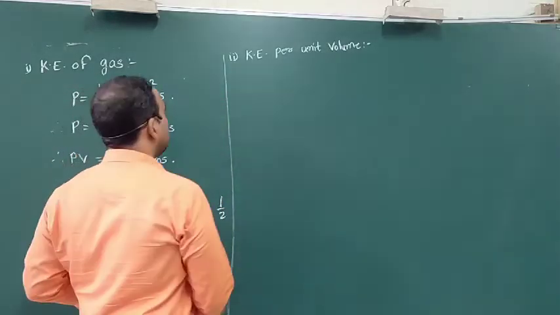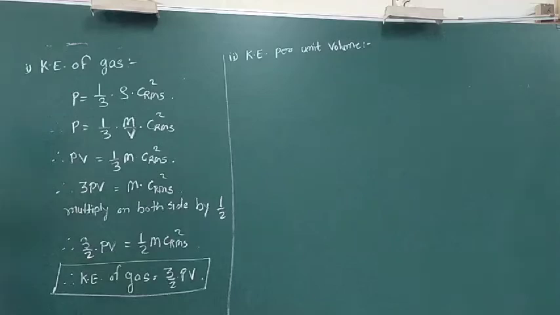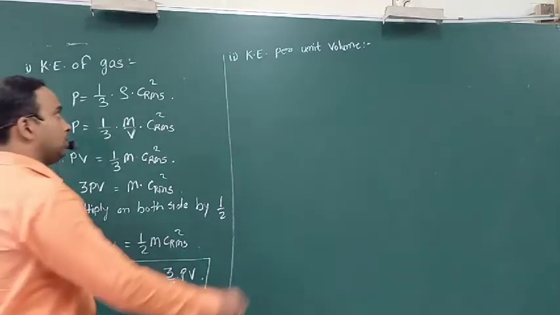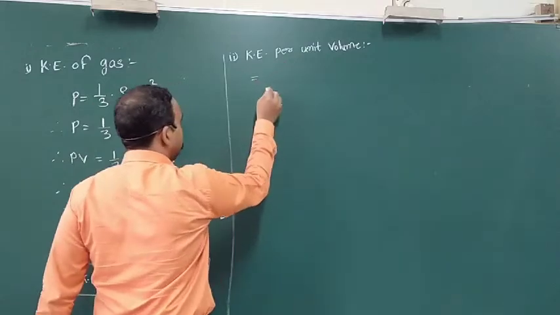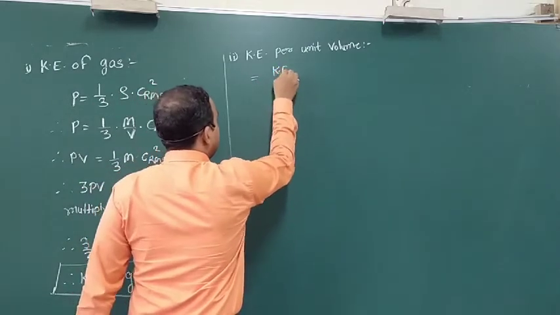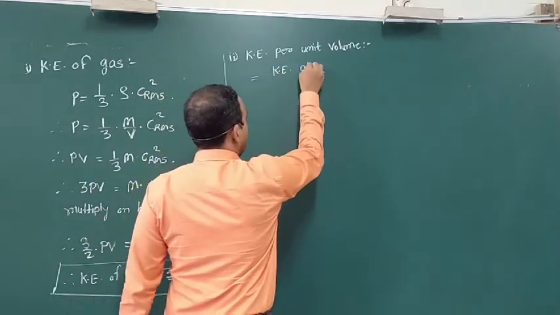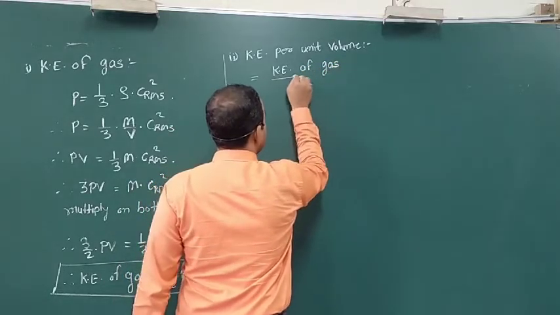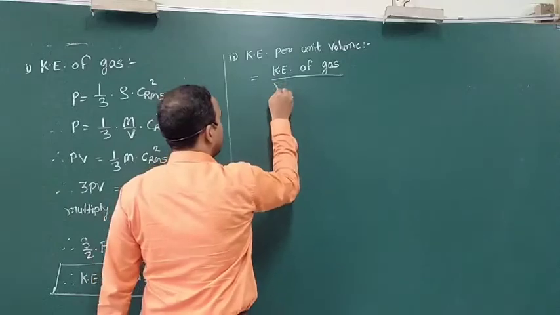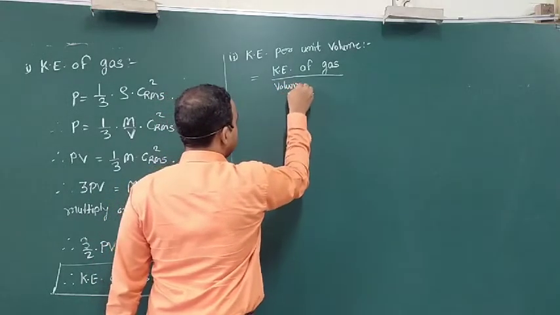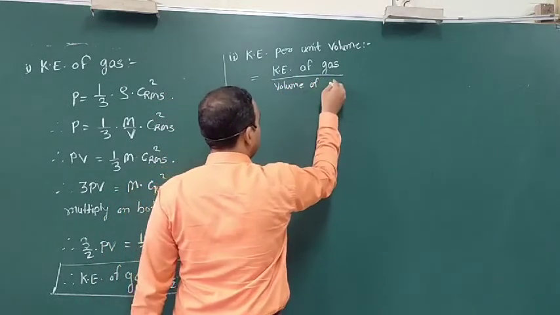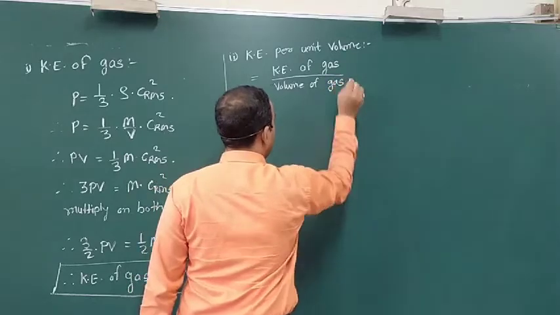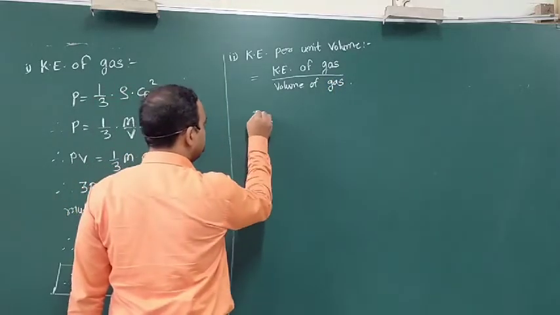Now see here, we are finding the next term, that is kinetic energy per unit volume. The formula for kinetic energy per unit volume is the kinetic energy of the gas divided by the volume of the gas.